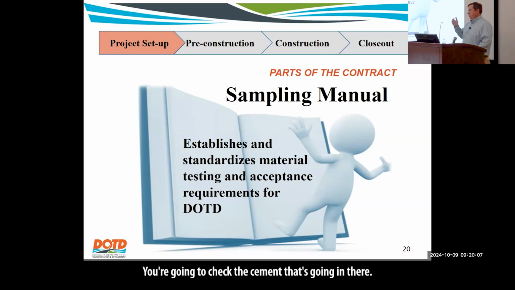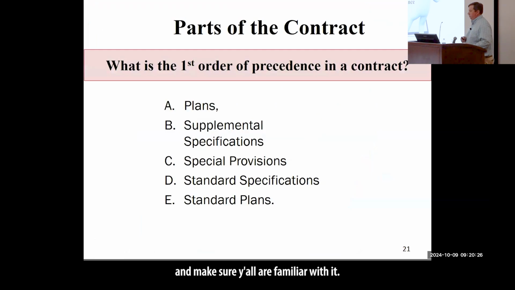You're going to check the cement that's going in there. You're also going to do compressive tests. If it's a structural element, you're going to check resistivity. So there's a lot of different things associated, say, with one concrete element that you might need to be checking. So again, make sure you're familiar with that, or your CE&I consultants, make sure y'all are familiar with it.